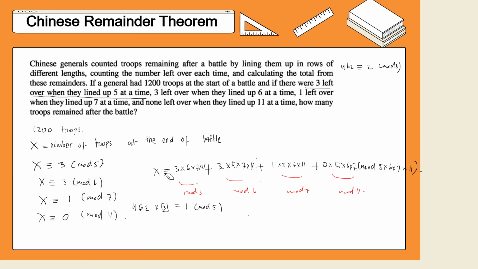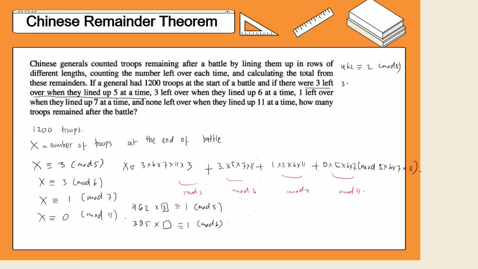I need more space. So x is congruent to 3 times 6 times 7 times 11 times 3. Next one, 5 times 7 times 11 is 385. 385 times what is congruent to 1 modulo 6?